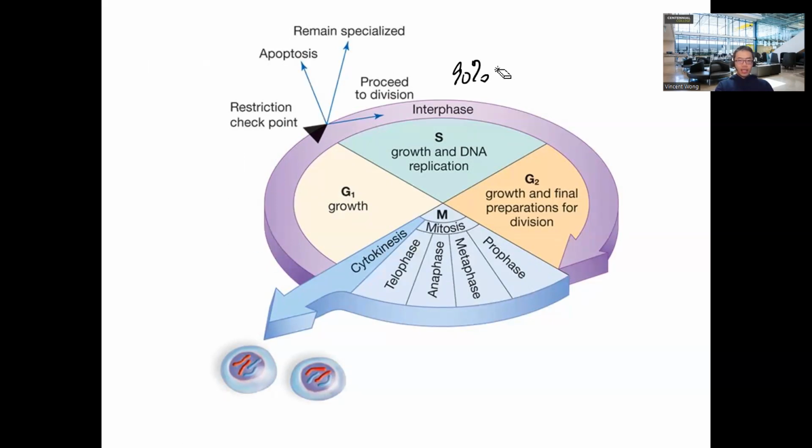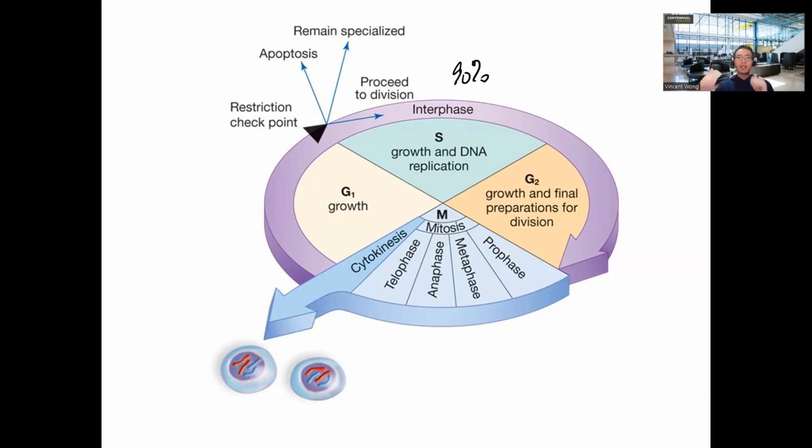Now, within the cell cycle, we have these checkpoints. Here it says restriction checkpoints, and these checkpoints are basically to determine if the cell is of good quality to go through the division process. So to give you an example, earlier we talked about the telomeres, right? How if it's critically short, then the cell will not be allowed to divide.